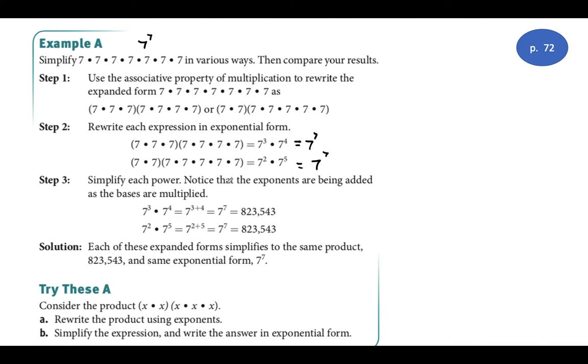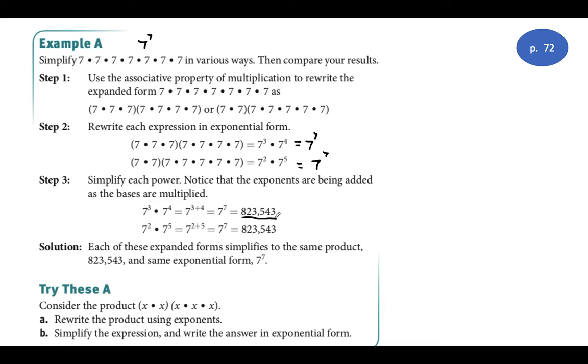So notice that when we multiply powers with the same base, we're actually adding up the exponents, which makes sense. This is saying I have 3 factors of 7. This is saying I have 4 factors of 7. So I'll add them up to get a total of 7 factors of 7, which, if you multiplied it out, would be 823,543. Go figure.